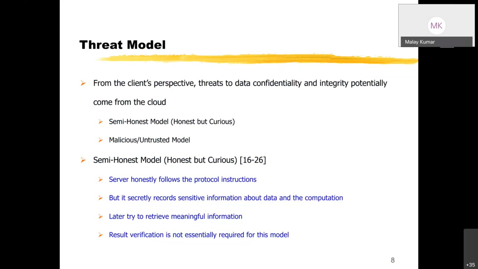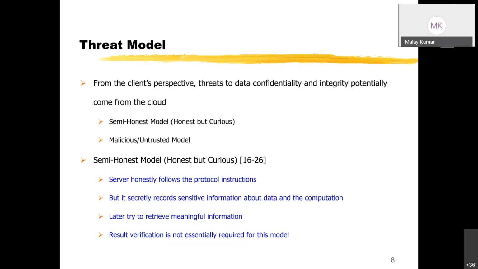From the perspective of the client, the threat to data confidentiality and integrity potentially comes from the cloud server, because it is the personal data held by the client. Whenever the client starts outsourcing that data or the computation to a third party cloud server, at that time this threat arises.